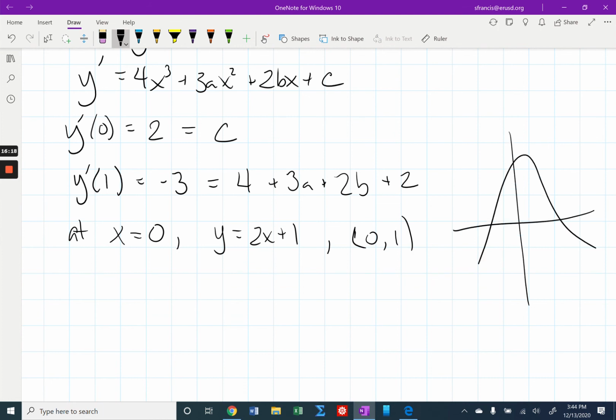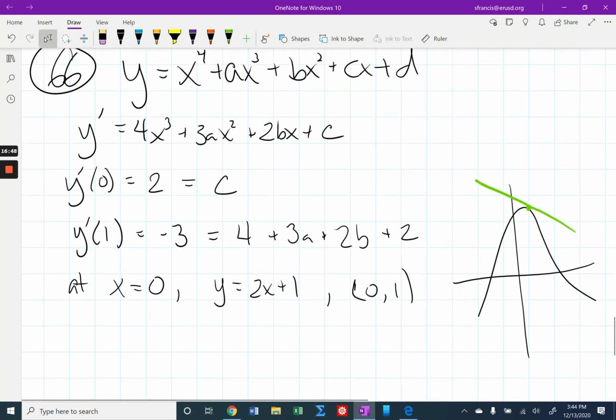This is not the curve, but just to give you an illustration. Let's say it intersects right there. They both go through that point. The x-coordinate and y-coordinate of the curve are the same as those of the tangent line. So if the tangent line goes to the point (0, 1), so does the curve. So if I plug in 0 for y of 0, I have to get 1, which is nice because all of these terms become 0 and I'm left with d. So now we know d is 1.